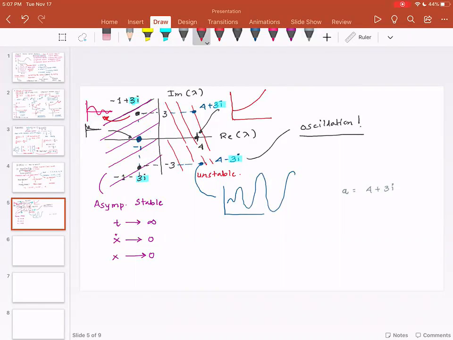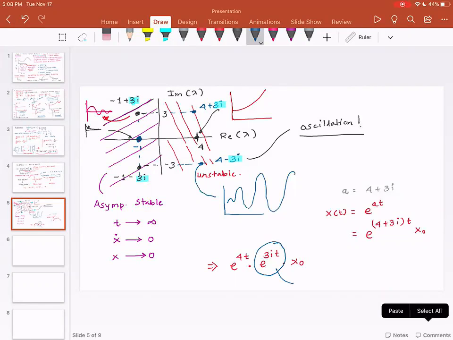Then x of t is e to the At, which becomes e to the (4 plus 3i)t multiplied by x naught, the initial condition. This becomes e to the power 4t multiplied by e to the power 3it multiplied by x naught. Now I want you to focus on this number.